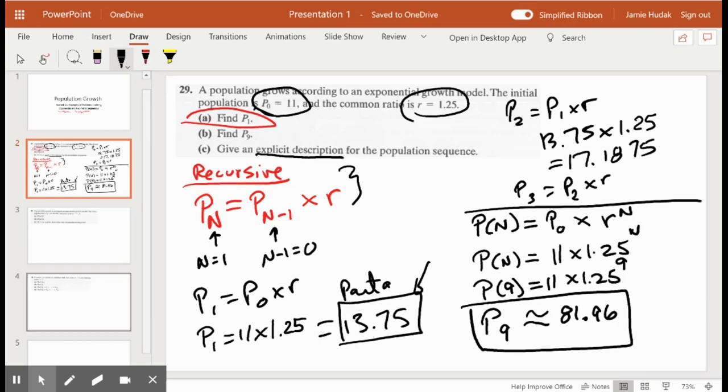So the answer to part B is right here. This is the explicit formula, and that is part C. The answer to part B is what's P9, and we got that using the explicit formula.